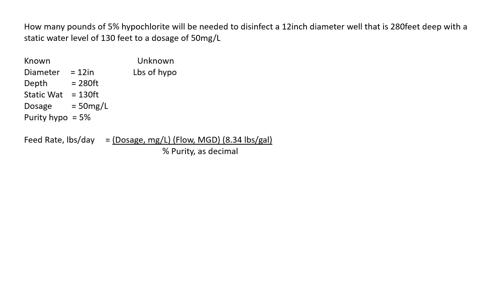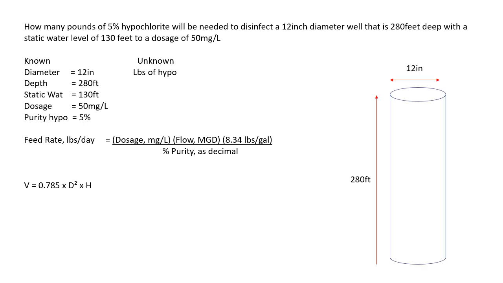Again, we're given diameter, so that makes this a cylinder. To calculate the volume of a cylinder when diameter is given, it's 0.785 times diameter squared times the height. Again, here is a visual representation of our well. It is 280 feet deep, and it is 12 inches at the diameter.